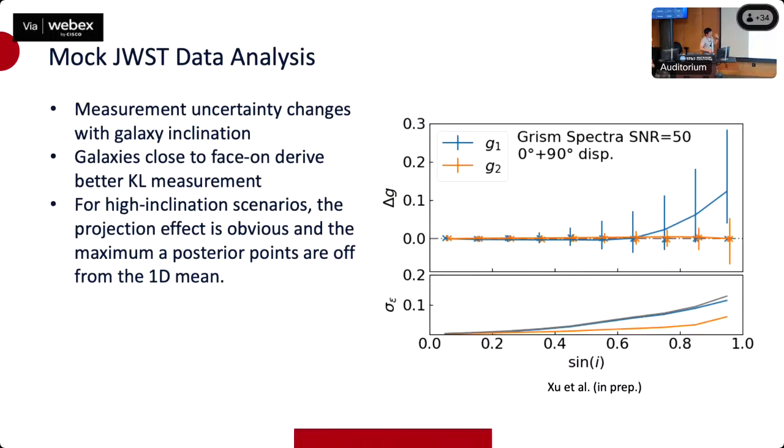For a very wide range of inclination, it is way below the 0.3 typical weak lensing shape noise, and we can get very nice measurements from the mock analysis. But for high inclination angle, the posterior region is biased a lot. You can see the maximum posterior is okay, but the 1D mean is biased a lot.